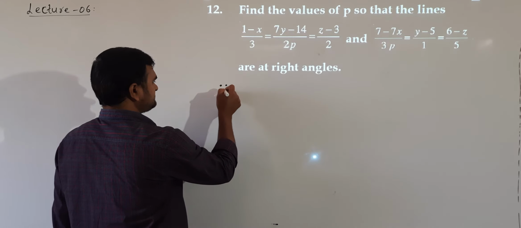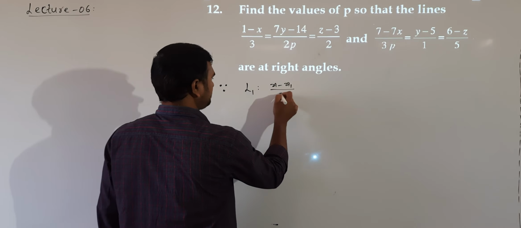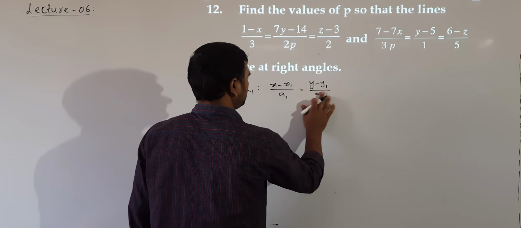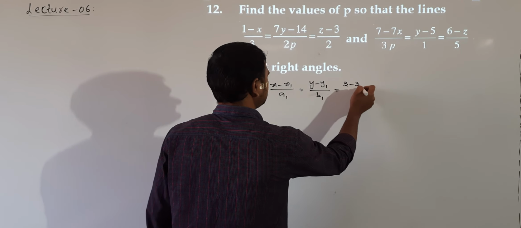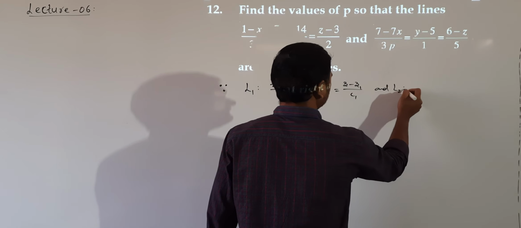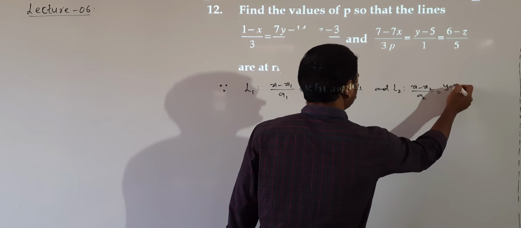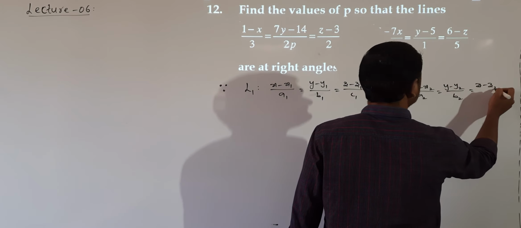Already we studied this. L1 is in the form (x minus x1) by a1 is equal to (y minus y1) by b1 is equal to (z minus z1) by c1, and the second line L2 is (x minus x2) by a2 is equal to (y minus y2) by b2 is equal to (z minus z2) by c2.